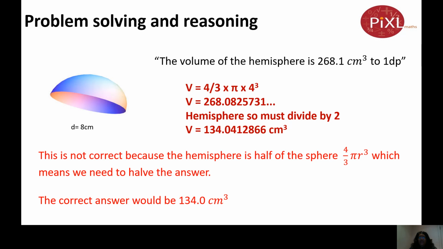But we need to divide this by 2 because it's a hemisphere. So the answer should be 134.04. And that's the correct answer. To one decimal place, it will be 134 centimeter cube. So this answer is not correct.